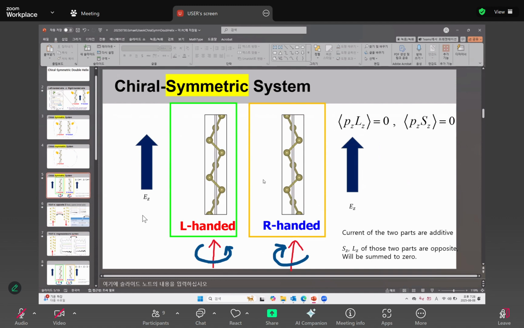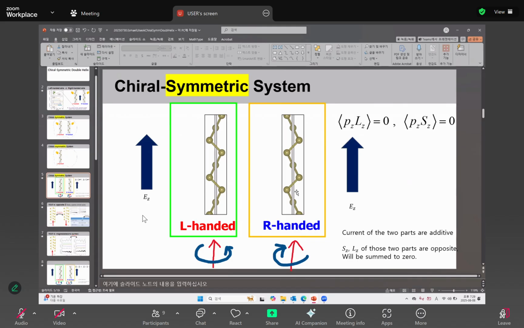In this chiral symmetric system, if you calculate the TDDFT for each eigenstate or the total system, the helicity value will be zero. Helicity will be zero because the current is in the same direction, but the rotation is opposite, part by part. Esmaeil, do you understand what I'm talking about?